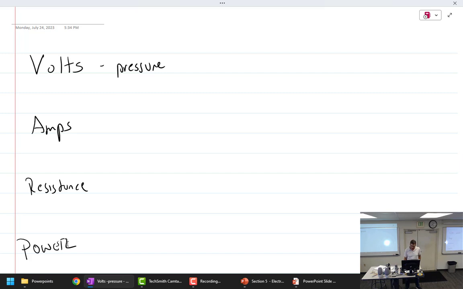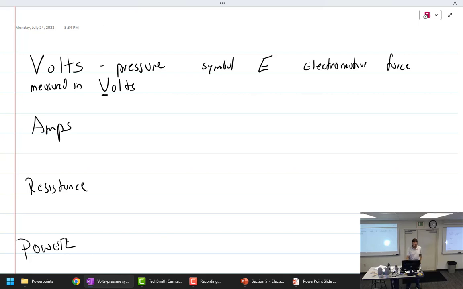Its symbol is often E for electromotive force. However, it's measured in volts. And we give it a capital V because it's named after somebody, Alessandro Volta. So we give it the name volts. So it's pressure.